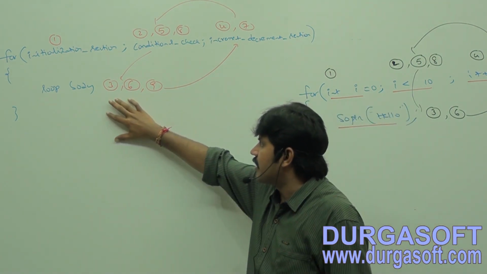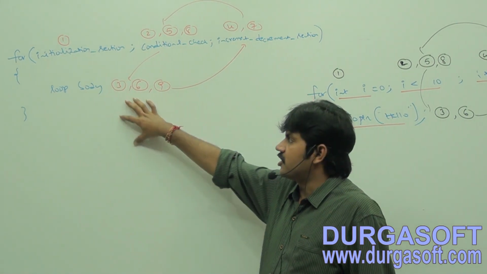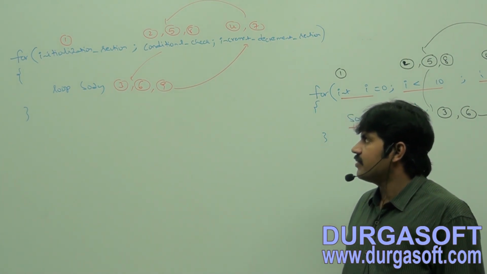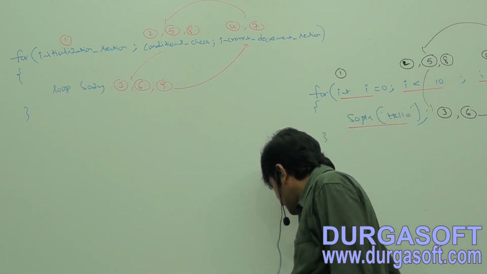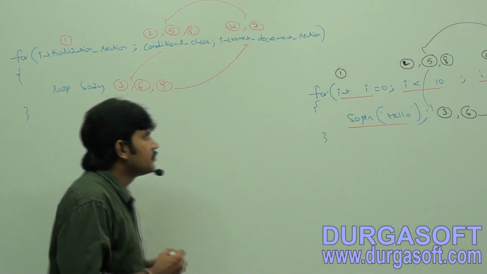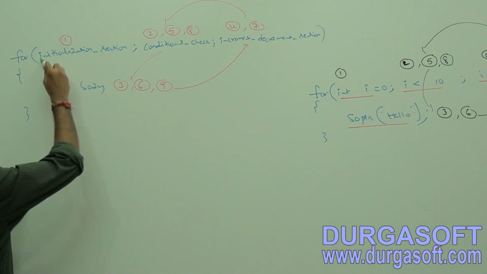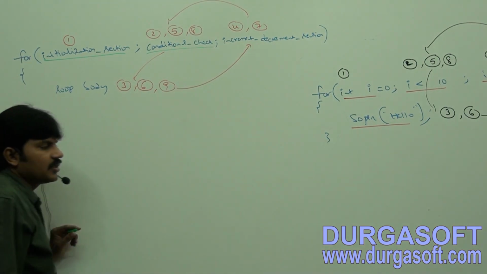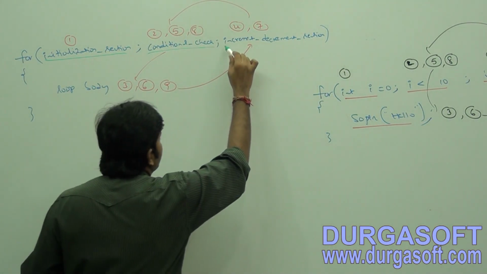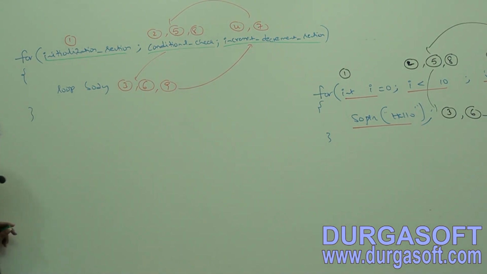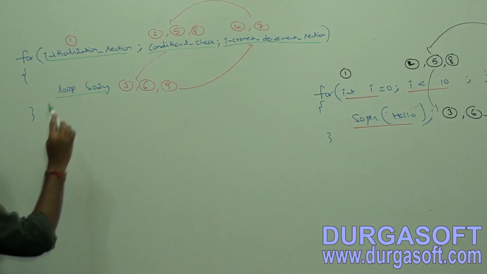Next, add the syntax. Take this part: syntax for. Initialization section. Next, conditional check is the second. Third one, increment or decrement section, and then the loop body.